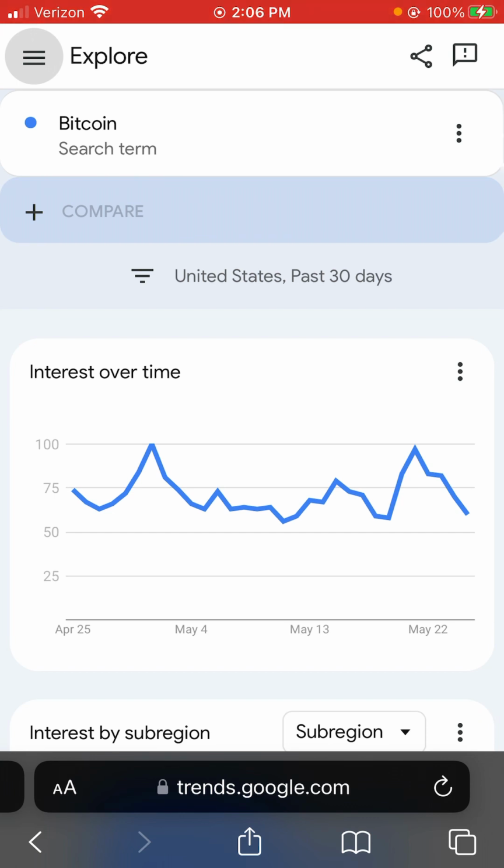So anyway, in possible conclusion, does this chart directly correlate with the price chart of Bitcoin? No, I don't think so.